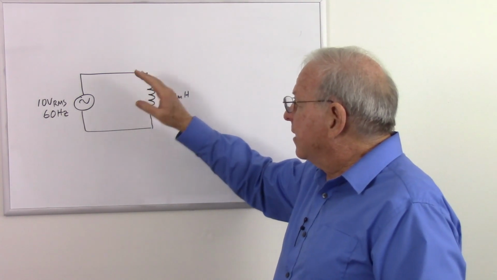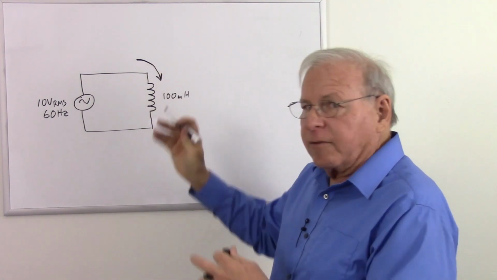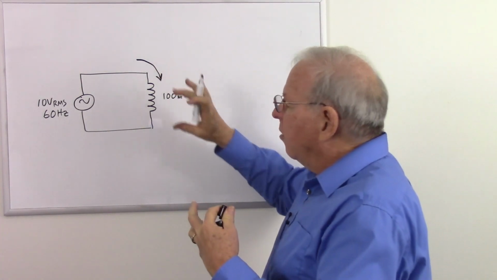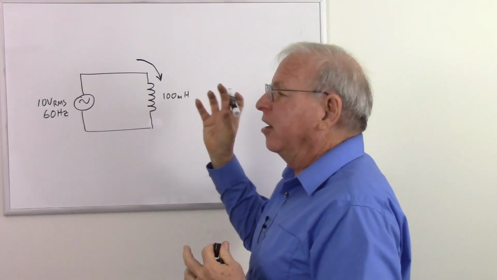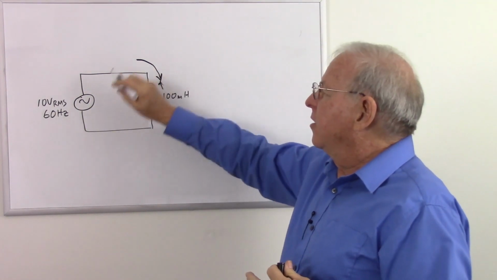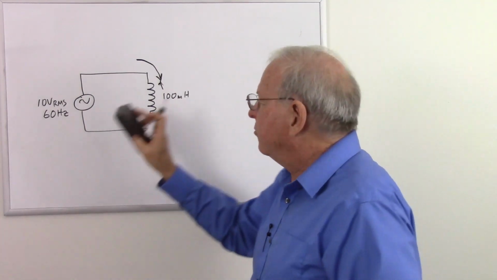It's caused by the fact that when I try to send current into the inductor, that causes a magnetic field to build, which causes the magnetic field crossing all these turns of the inductor, creates a current which pushes the opposite direction. And that's constantly changing because the current in is constantly changing, the amount of voltage across the inductor is constantly changing.